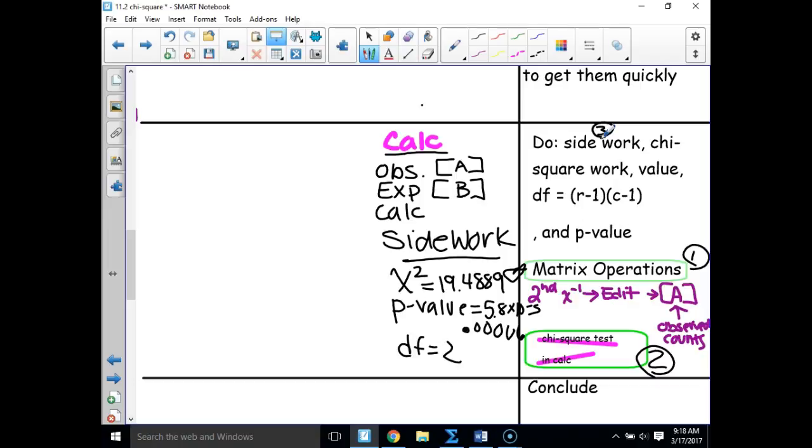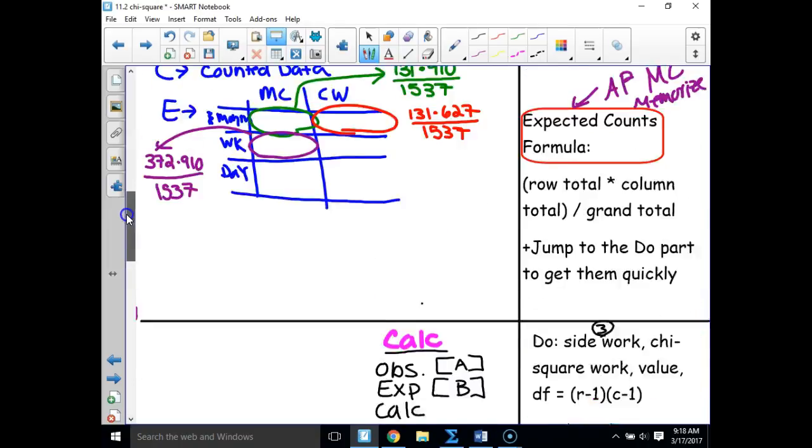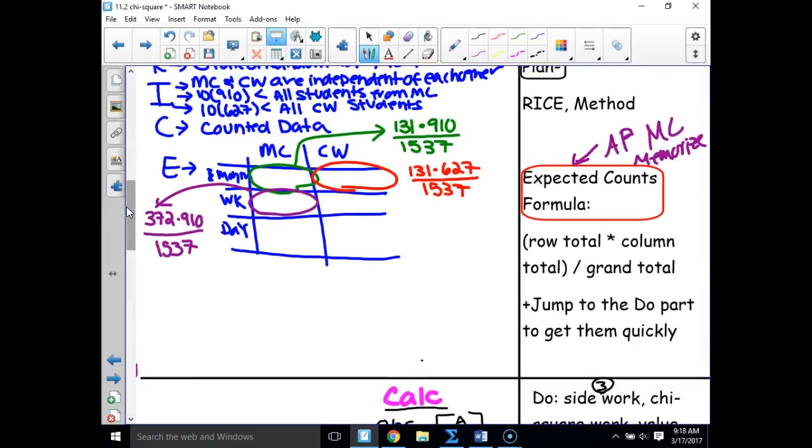Can you guys read me now your expected counts? So the first one was what? 77.56. Let's just do 2 decimal places.